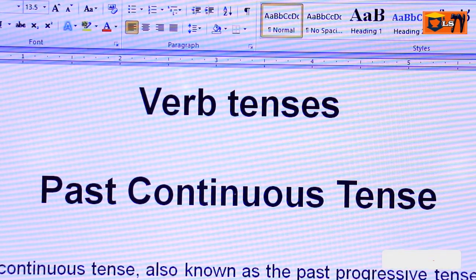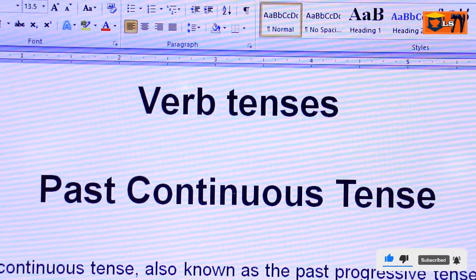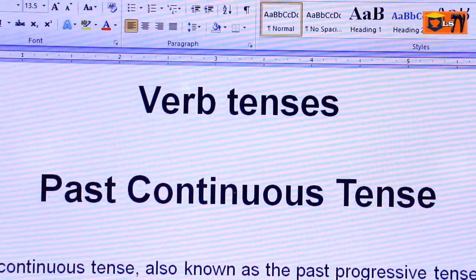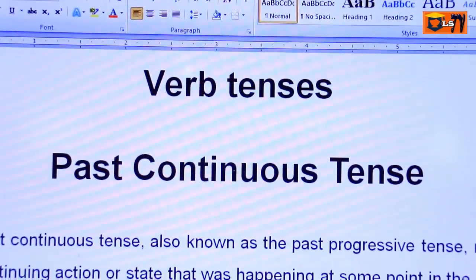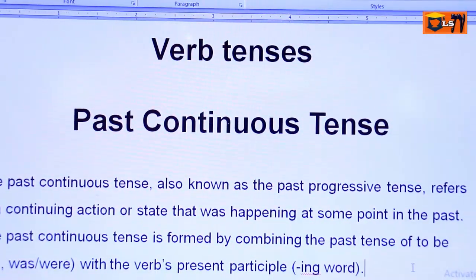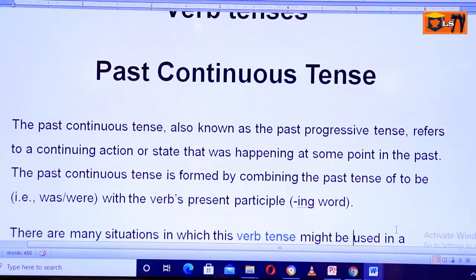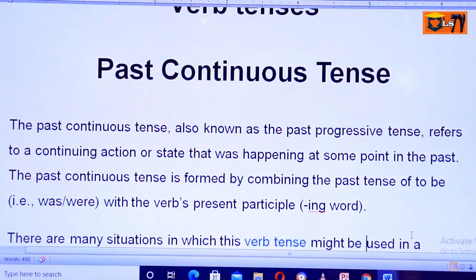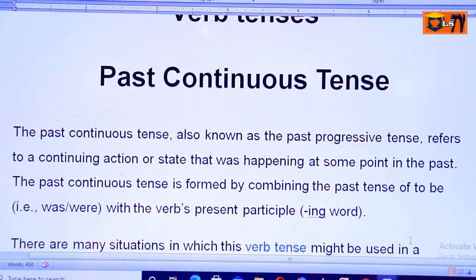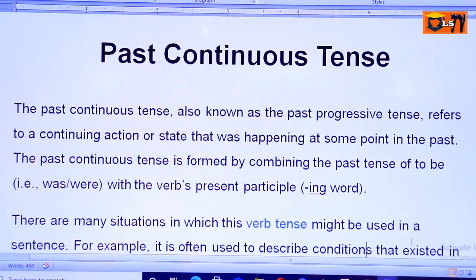The past continuous tense, also known as the past progressive tense, refers to a continuing action or state that was happening at some point in the past. The past continuous tense is formed by combining the past tense of to be, example, was, were, with the verb's present participle, the -ing word.